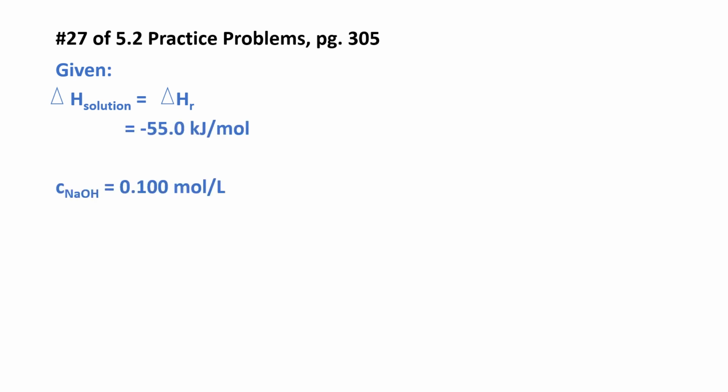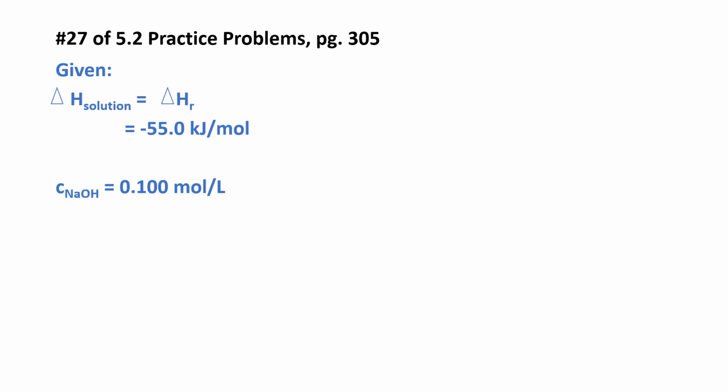So, again, it is very helpful if you list what is given. We know we are given the enthalpy of solution, and it's in units of kilojoules per mole. So this is our molar enthalpy, and it's negative 55 kilojoules per mole.